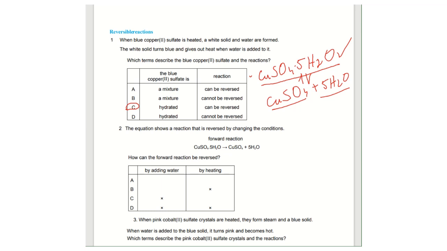By adding water, yes, and by heating, no. Let's say I have filled the choices. This reaction can be reversed by adding water simply. No heat is required because heat will be given off when you add water.